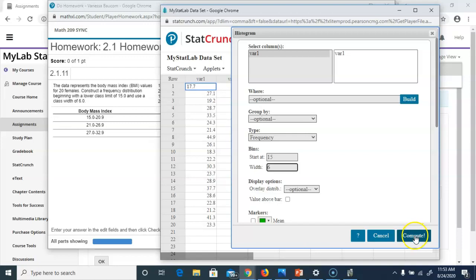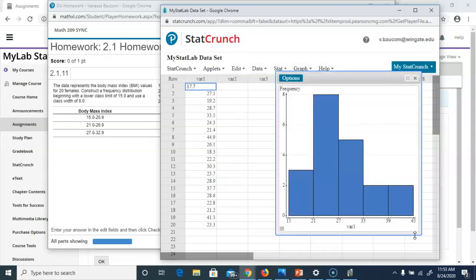Then when I go in and compute, I'm going to see a histogram that looks very much like this. You can see that along the bottom, it's got these class limits listed here: 15, 21, 27, 33, and so forth. If I hover over each of these, you can see what the frequency for that particular class would be.